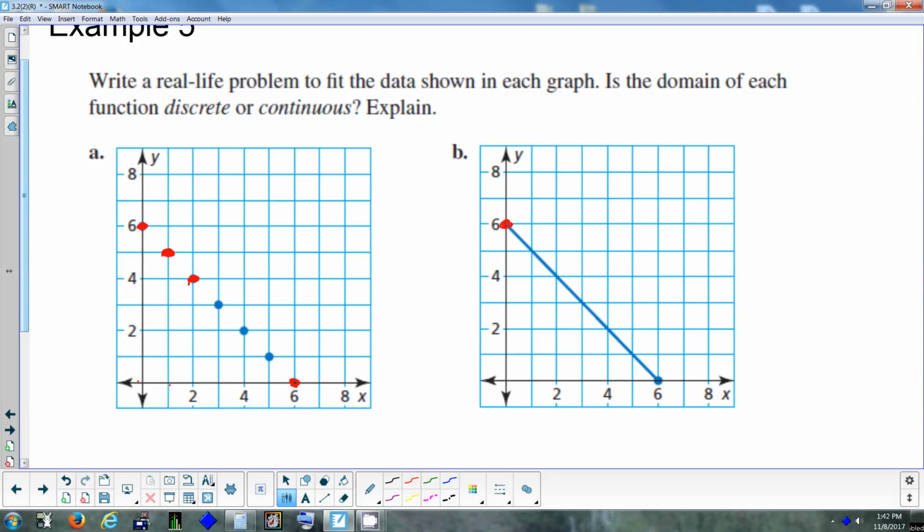Now, what if they serve all 6 gallons? Then you have 0. Now, could they serve in between? Could they serve 2.5 gallons of ice cream? Yes. Could they serve 2.7 gallons? Yes. So that would be continuous. The more ice cream they serve, the less ice cream they have left in their freezer.